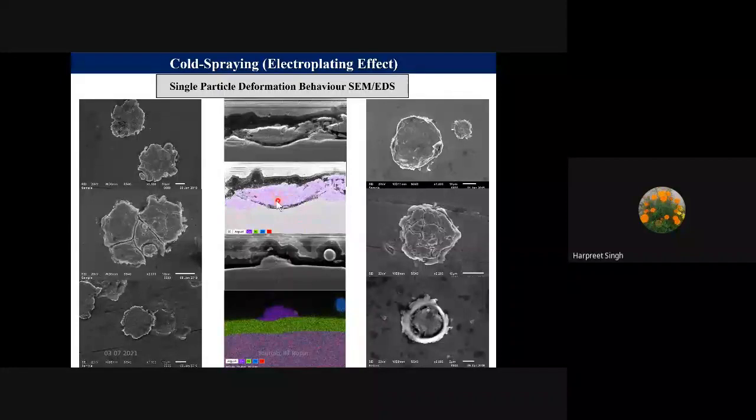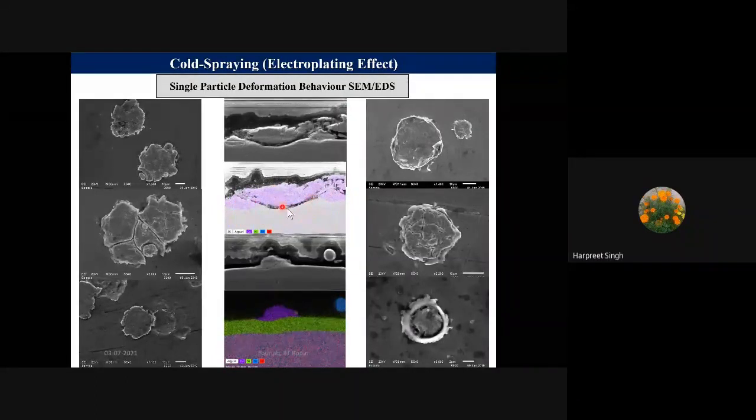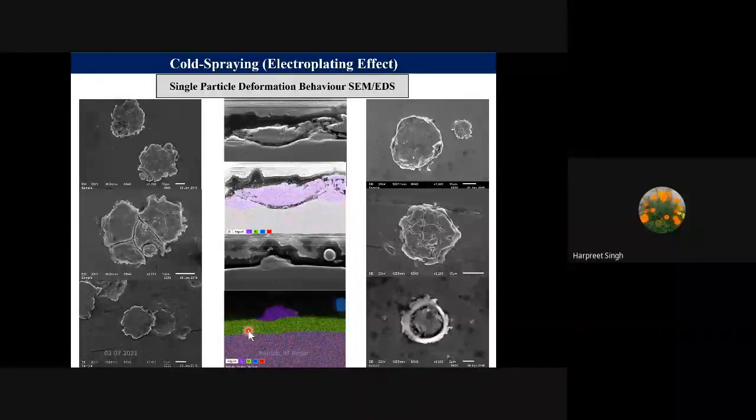And when we introduce this one, this is our particle which is coming through cold spray. This electroplated interlayer has gone away. It has broken and the particle has further penetrated, and then this one. But here we have not seen that because nickel has high strength.